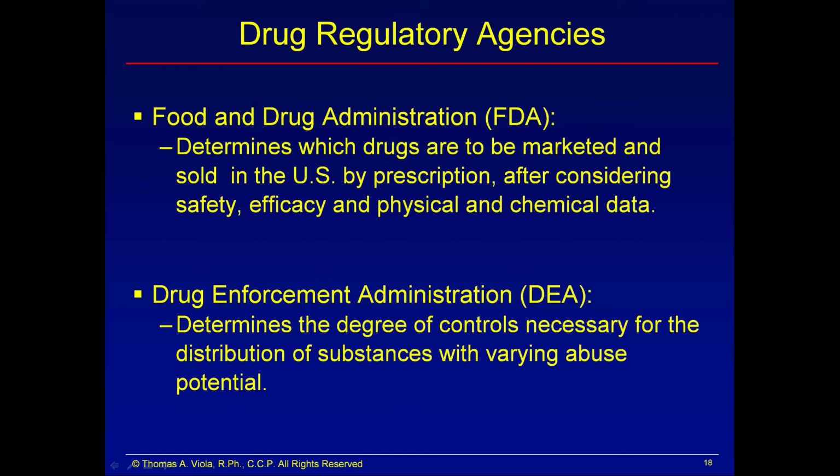The DEA, the Drug Enforcement Administration, well, they're not so much concerned whether the drug is safe or effective. That's the FDA's job. They're concerned with, is this thing abusable? Is it addictive? If so, we're going to put it in a schedule and we're going to control it, hence controlled substance.